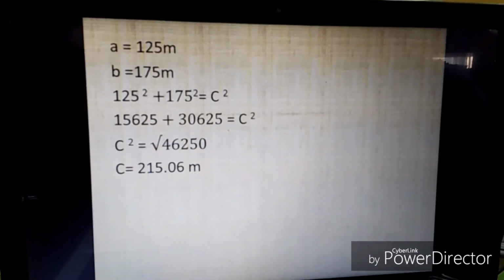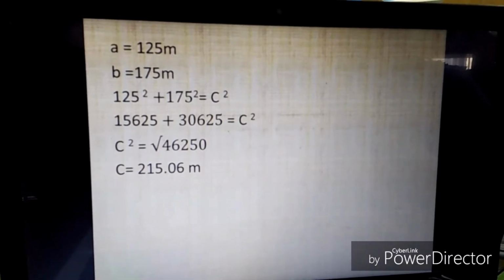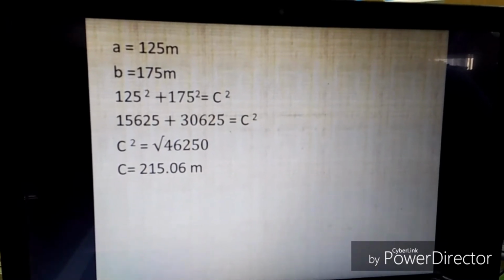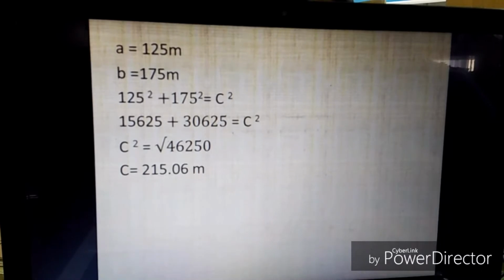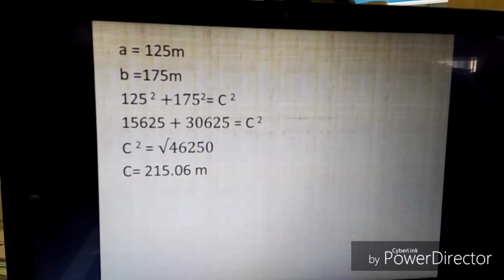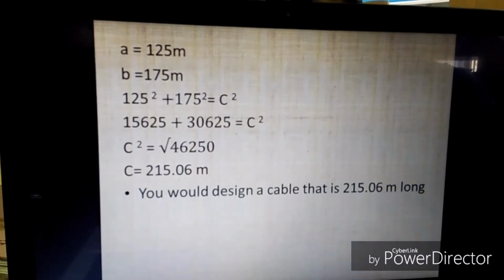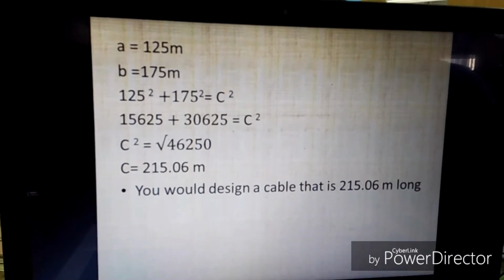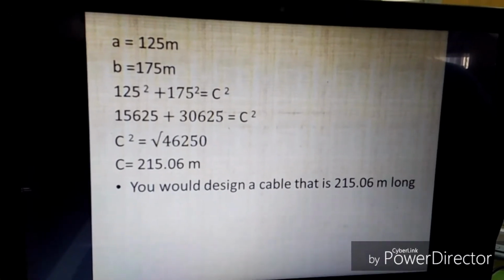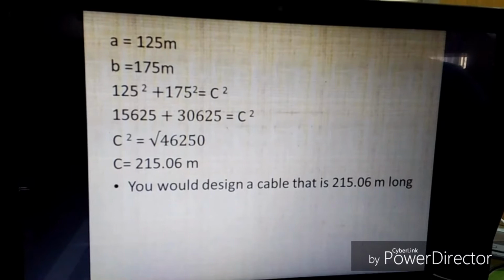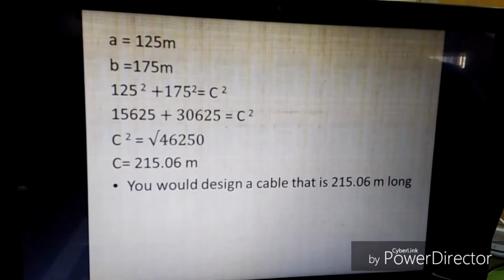For us to get the c, we need to get the square root of 46,250, which is equal to 215.06 meters. You would design a cable that is 215.06 meters long. So that is the measurement of the cable.